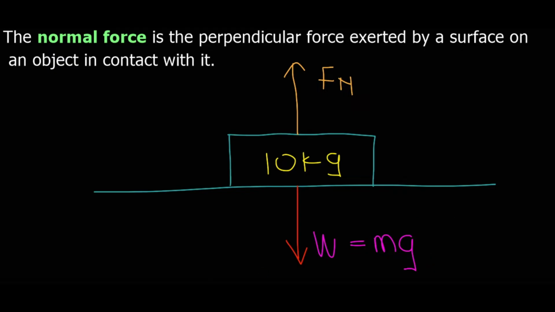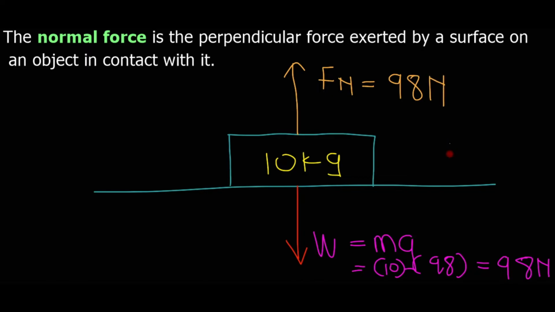Let's find this weight. The mass is 10 kilograms, so 10 times 9.8 is 98 newtons. So the normal force will be 98 newtons.